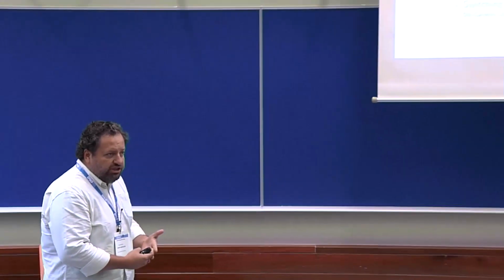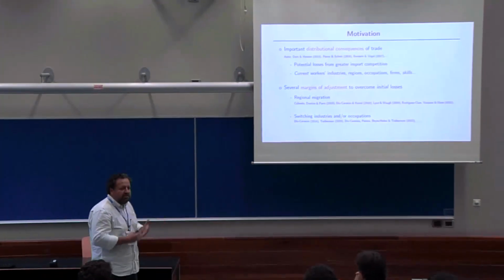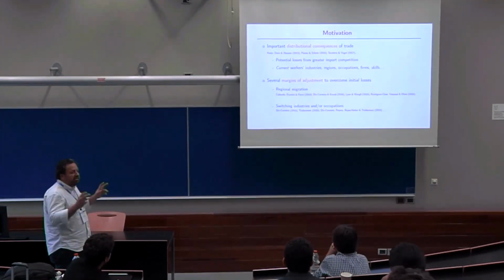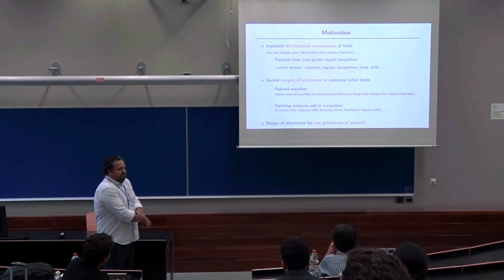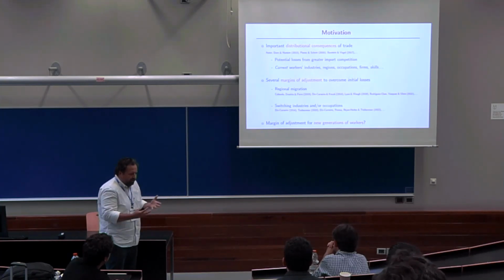More traditionally, industry switching and occupations, a lot of people have looked at that margin. In general, there's a lot of interest in understanding this process of adjustment after these large globalization shocks or import competition shocks.